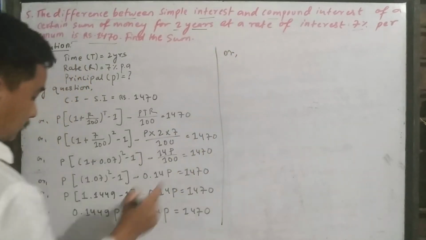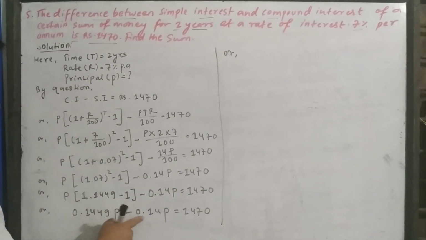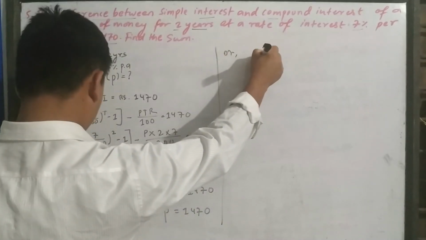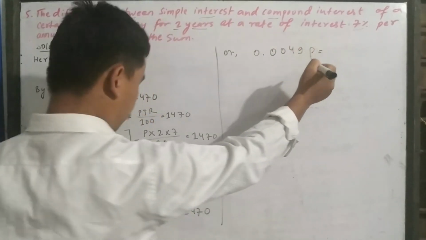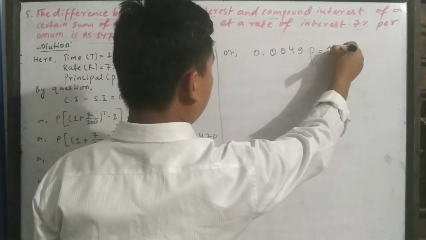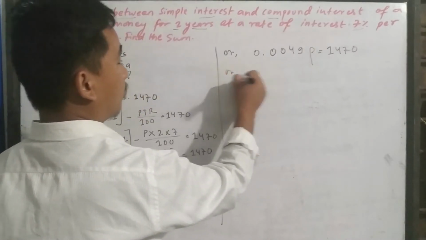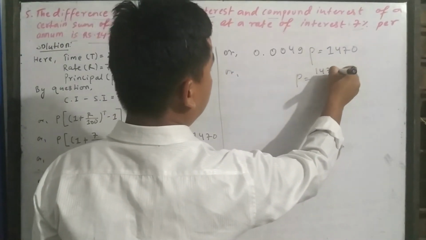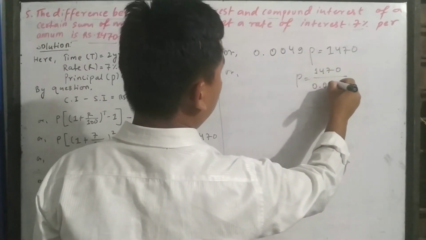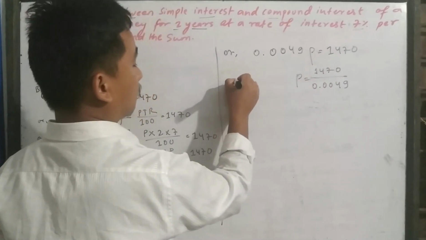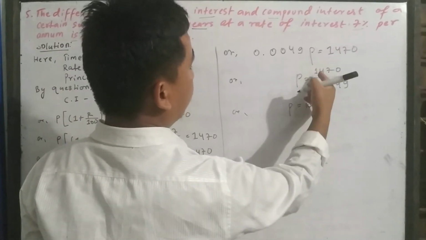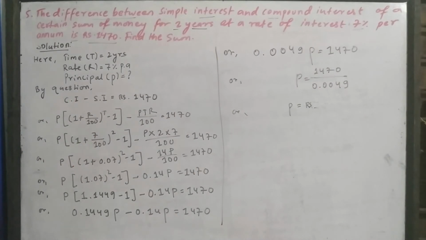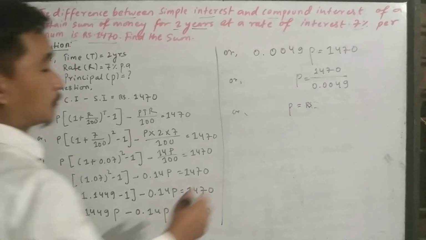Or 0.1449 p minus 0.14 p becomes 0.0049 p equals to 1470, or p is equal to 1470 divided by 0.0049, or p is equal to rupees, if we divide 1470 by 0.0049, then we will get 3 lakh.